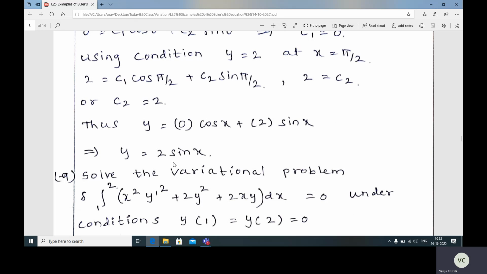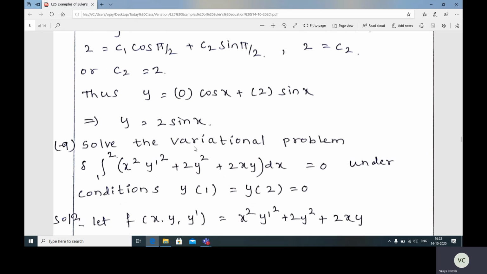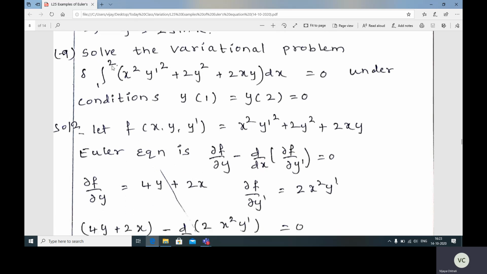Now move on to the next example. Solve the variational problem delta integration from 1 to 2 of x square y dash raised to 2 plus 2y square plus 2xy dx is equal to 0, under the conditions y of 1 and y of 2 both equal to 0.